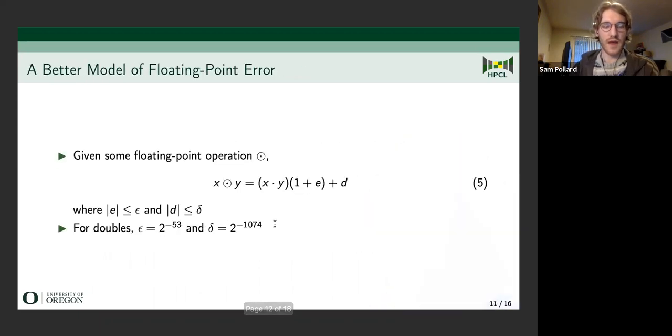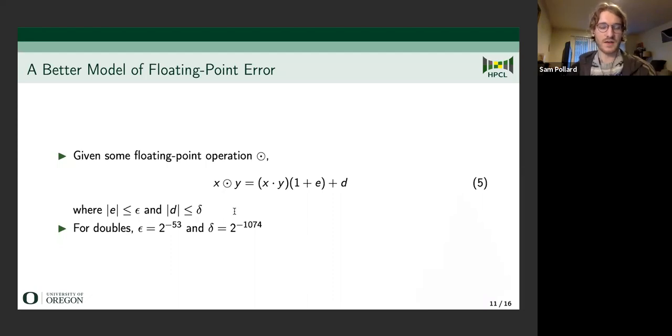However, if we want to be truly correct and cover all the cases of floating point, we have to add in this additional term. And I actually did remember the absolute values here.